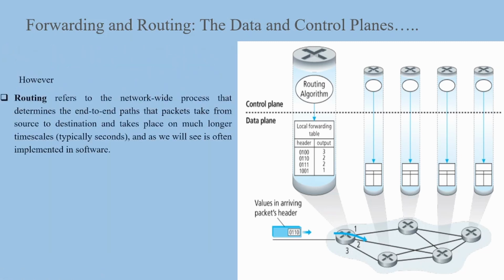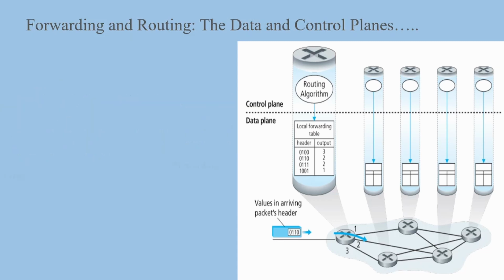However, routing refers to the network-wide process that determines the end-to-end paths the packets take from source to destination, and takes place on much longer timescales, typically seconds, and as we will see, is often implemented in software.